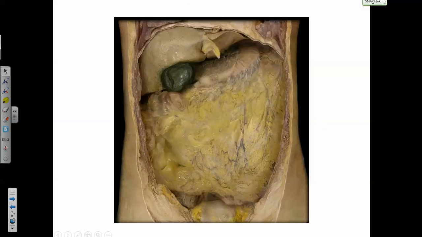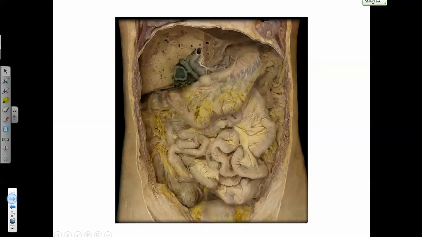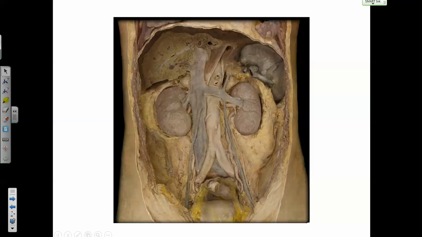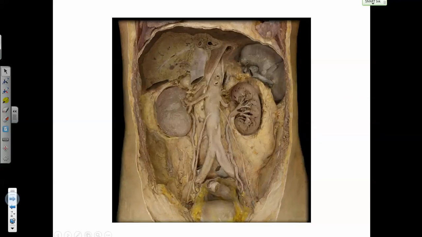Okay. So here you see hanging down from the stomach, that's the greater omentum. You've already been tested on that. If you remove that, you see the intestines. And if you remove all of that, along with the parietal peritoneum, there you see the kidneys and the blood vessels associated with those. Okay. All right, and then here you see it sectioned. And so, on this actual kidney, if you look real close, you can actually see the pyramids.